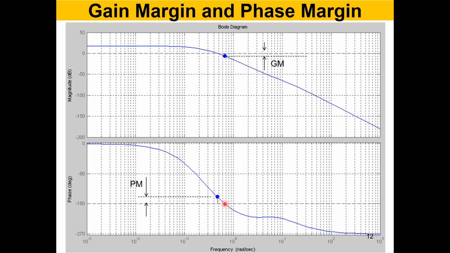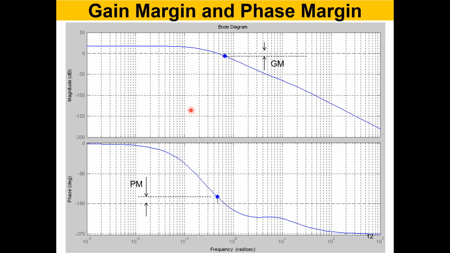Can somebody answer my question, please? It's between 0.5 and 0.6. Yeah, between 0.5 and 0.6. Okay, fine. So what is the speciality of that frequency? This is a very special frequency. Say it again. 180-degree phase shift. Okay. That particular frequency between 0.5 and 0.6 radians per second has a 180-degree phase shift.